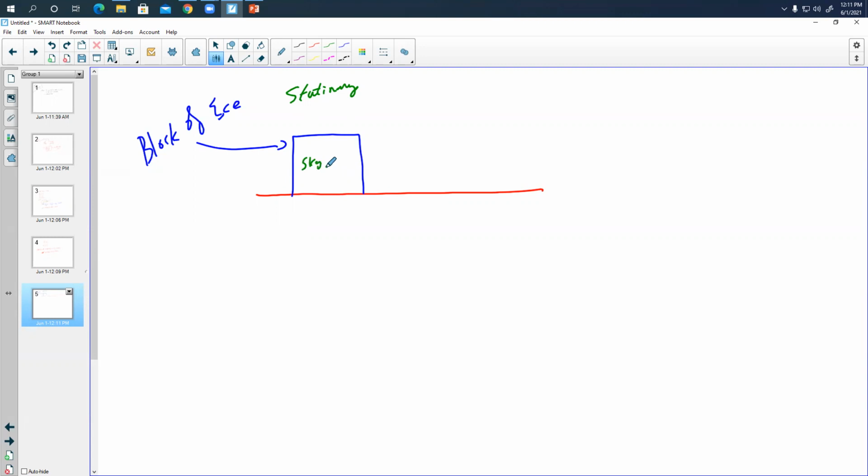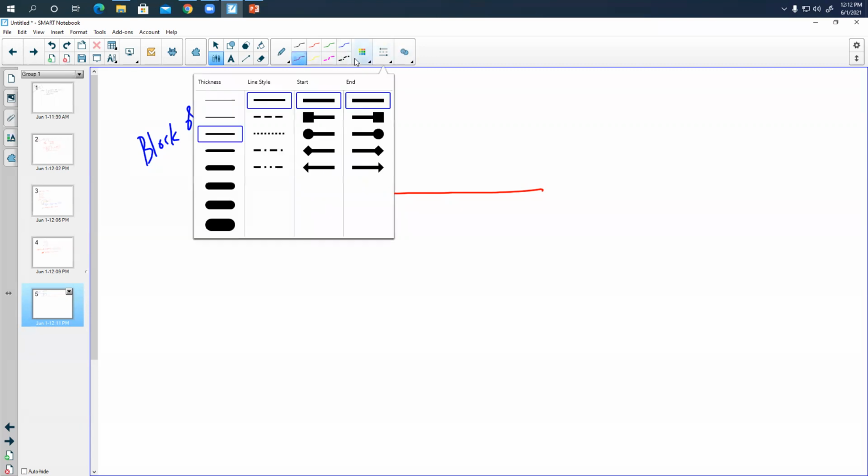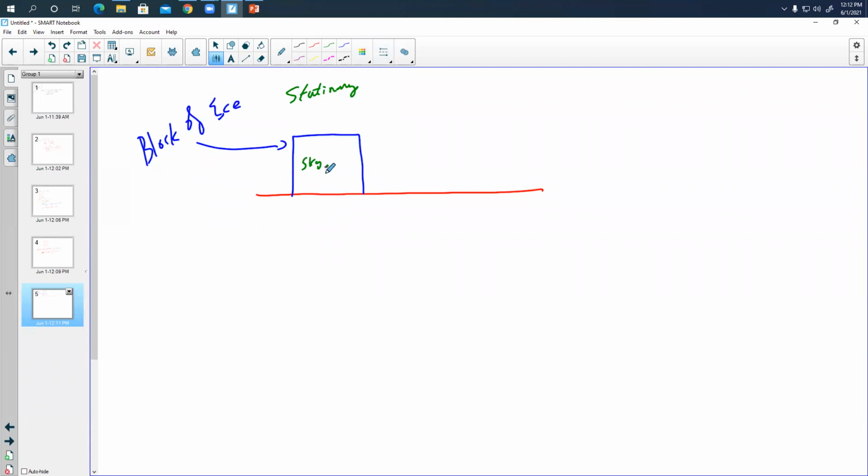Now, on that block of ice, you're going to have your force going downwards, which is going to be your weight, which in this case is going to be 5 times 9.8, the one we just got, which gives you 49 newtons.